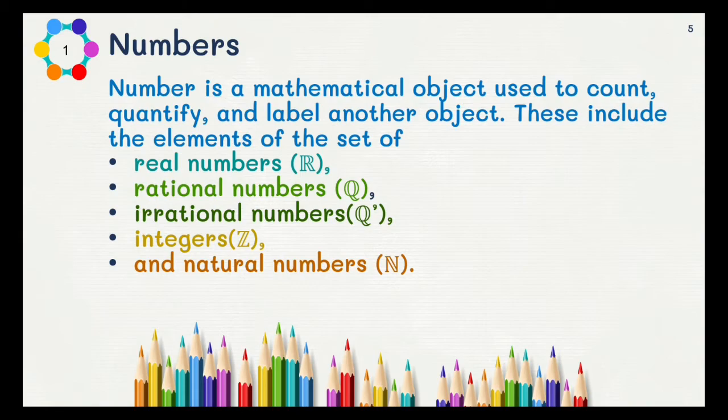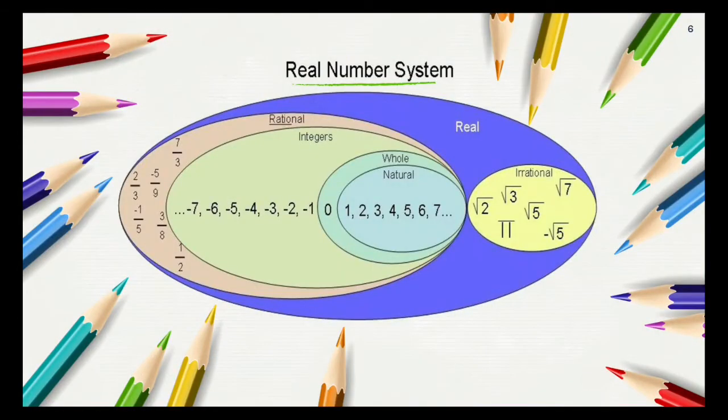So what are these numbers? How do they differ? Okay, so we have here the real number system. Real numbers cover everything. It includes irrational numbers, rational numbers, integers, whole numbers, and natural numbers. They are all real numbers.